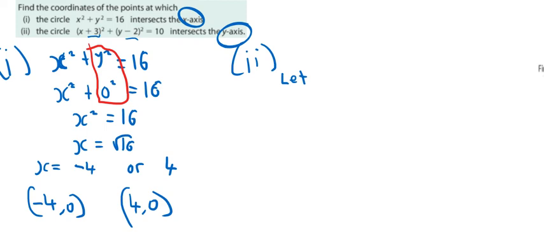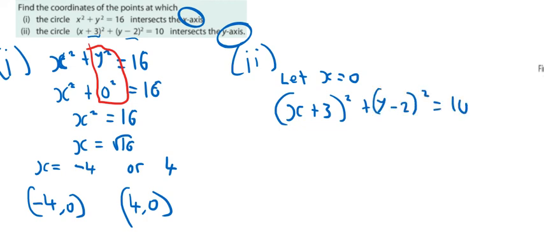If I write out that equation, (x + 3)² + (y - 2)² = 10, I'm going to put in a 0 instead of the x. So I get (0 + 3)² + (y - 2)² = 10.